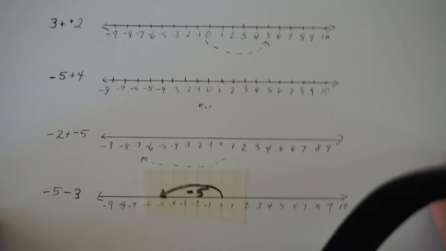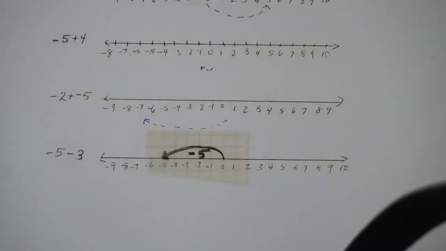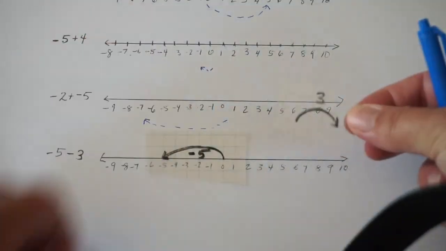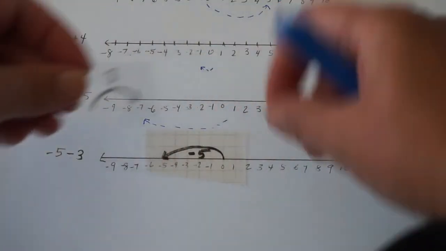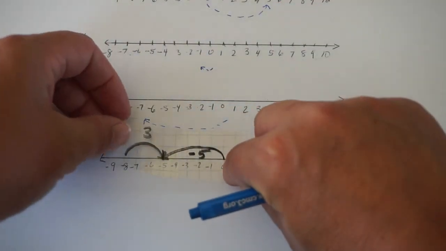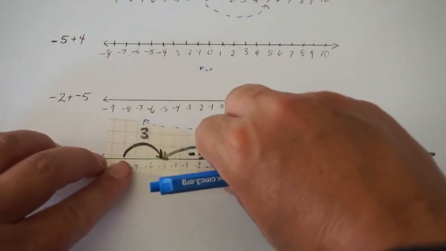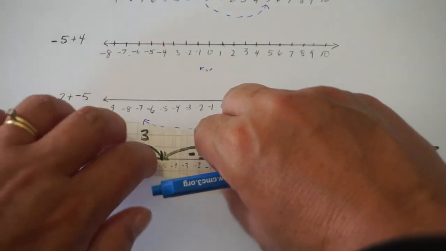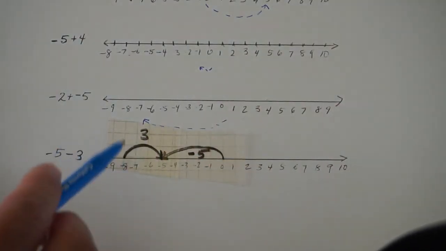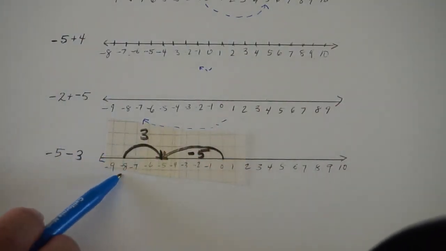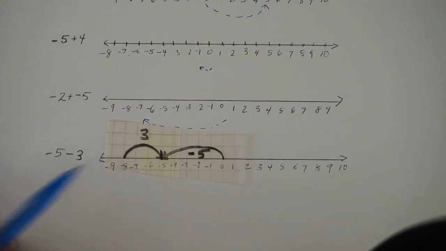Let's move this up a little bit. Okay, so there's our negative 5. We're going to subtract a positive 3. Subtraction is head to head, so I put the arrows together, and we find that negative 5 minus 3 is equal to negative 8.